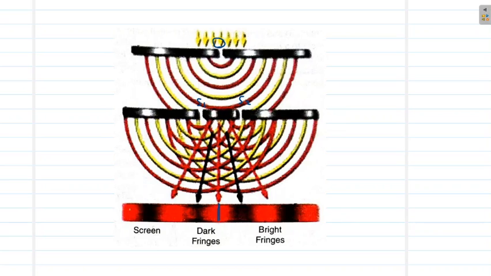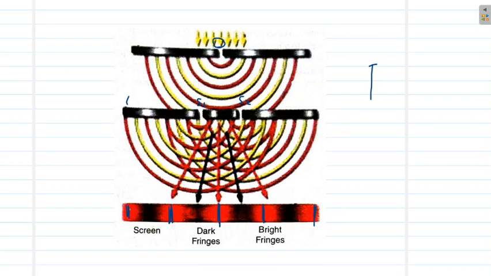You have the central bright band, then the 1st order bright band, and so on. In between you have dark fringes, the dark bands. At the bright points we have constructive interference, and at the dark points we have destructive interference. Now let us also find an equation for the fringe width.